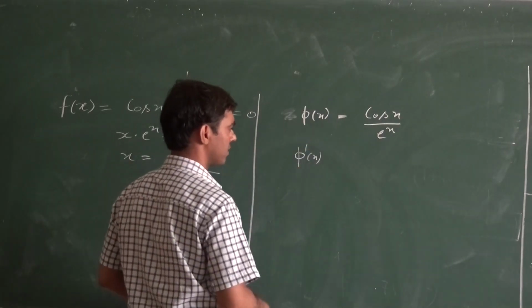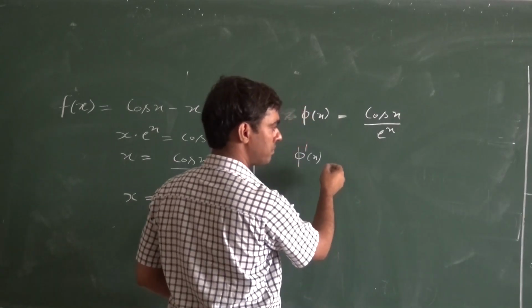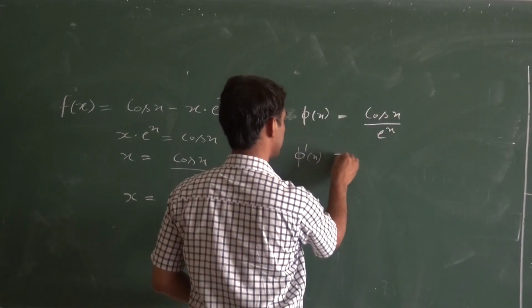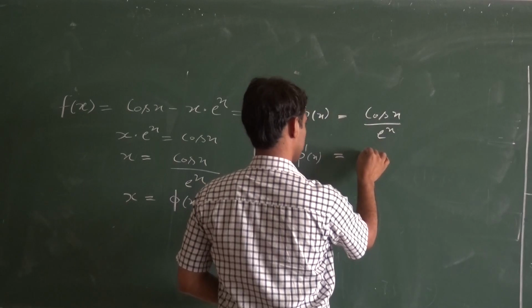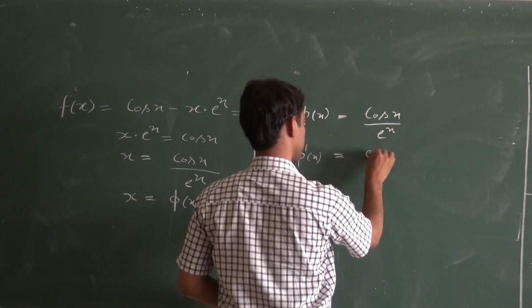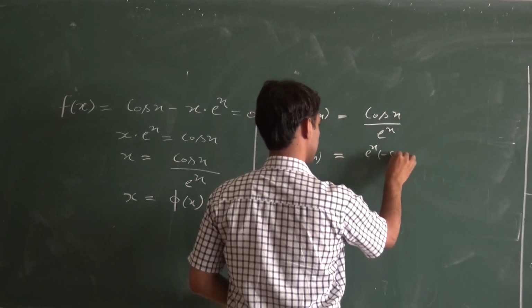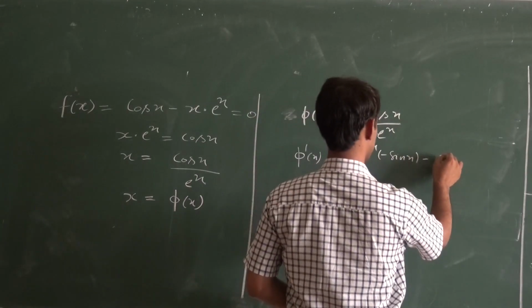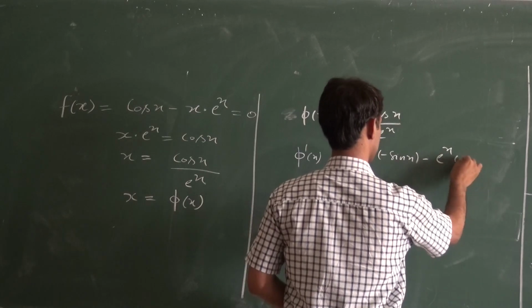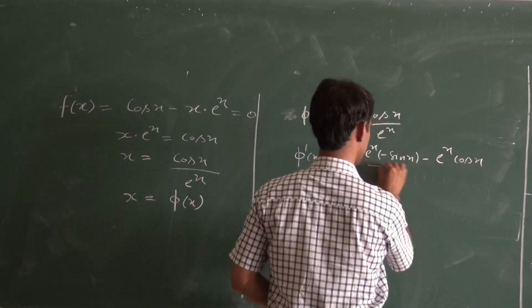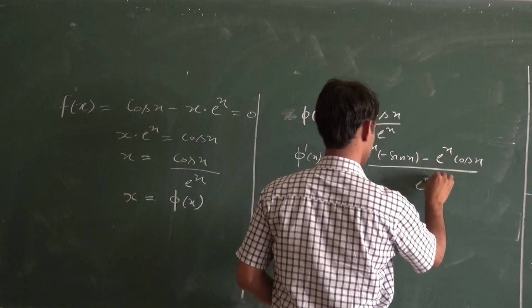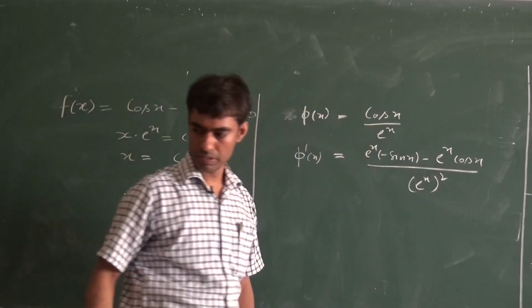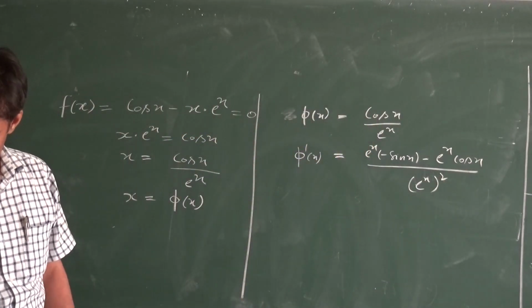φ'(x) becomes e^x times (−sin x) minus e^x cos x, divided by (e^x) whole squared.